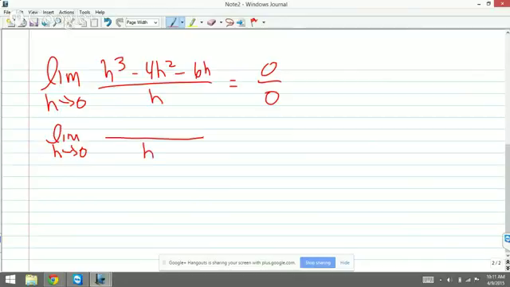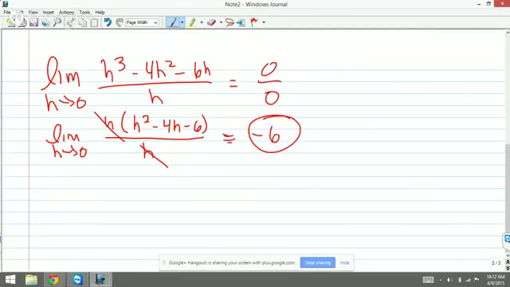Well, the bottom's untouchable, but the top. You can. Now we can cancel the h's out. Plug it in. Plug it in. Done. Okay.